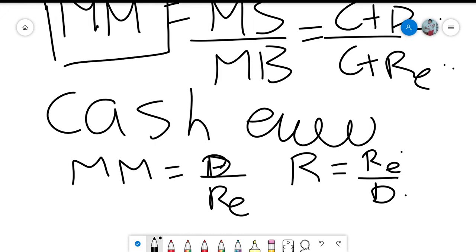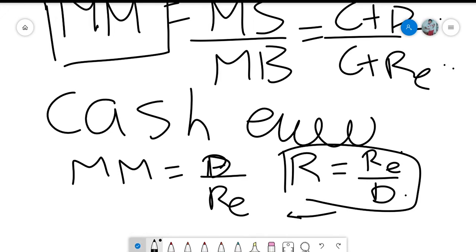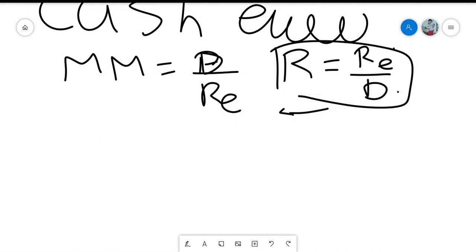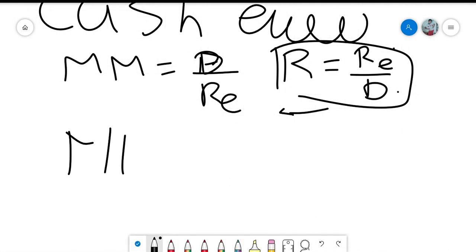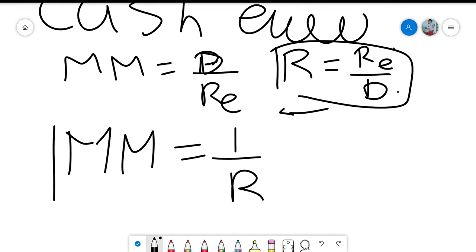So if we put this in, we get D over D times R, which is just 1 over R. So the money multiplier equals 1 over R, the reserve ratio.